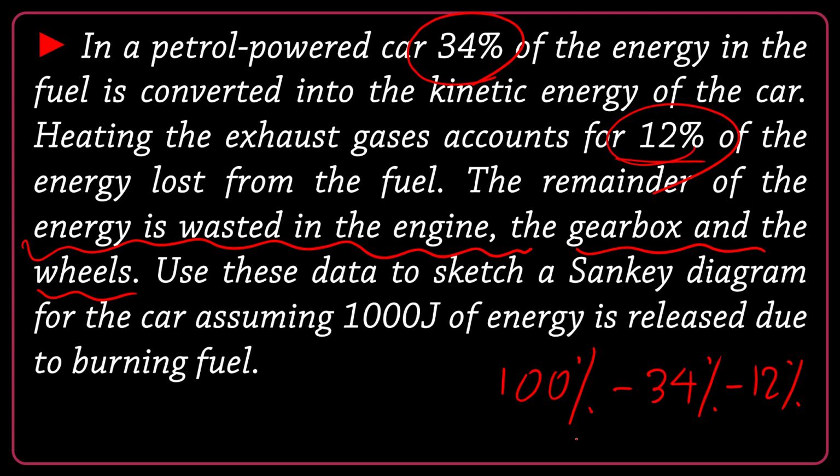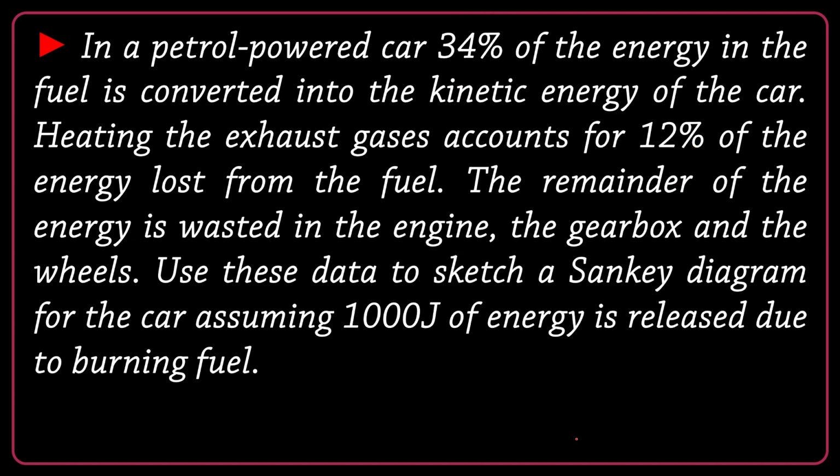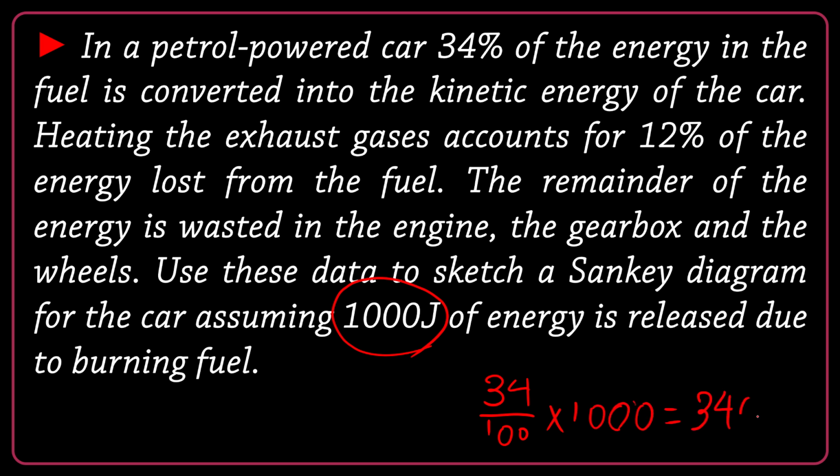Use the data to sketch a Sankey diagram for the car, assuming 1000 joules of energy is released due to burning of fuel. Okay, let's find the values. Basically, we have 1000 joules of energy in, 34% of that is 34% times 1000. So it's going to be 340 joules. This is the useful energy, okay?